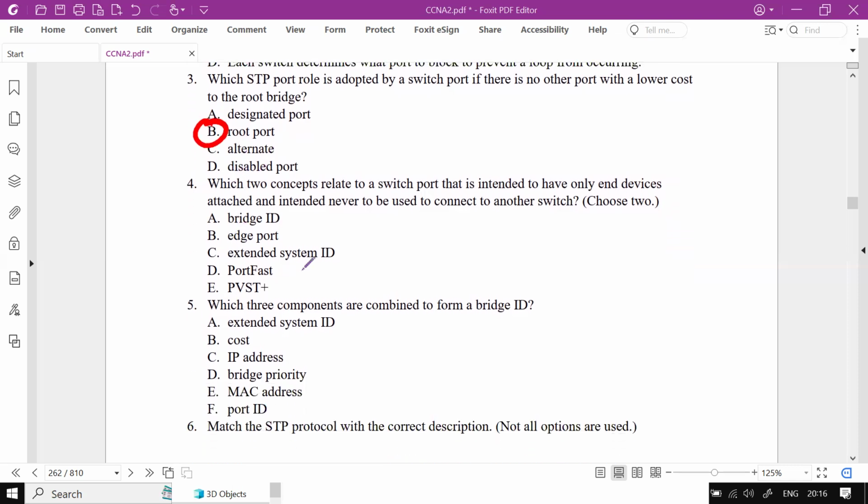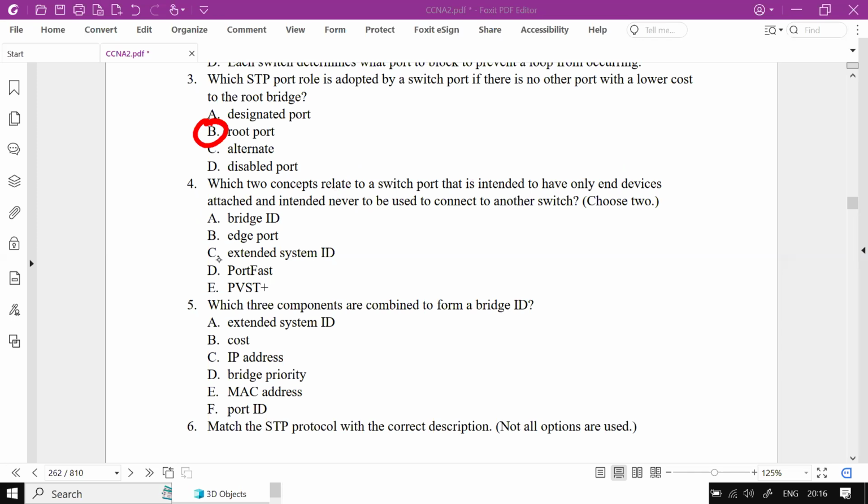Question 4: which two concepts relate to a switch port that is intended to have only end devices attached and intended never to be used to connect another switch?